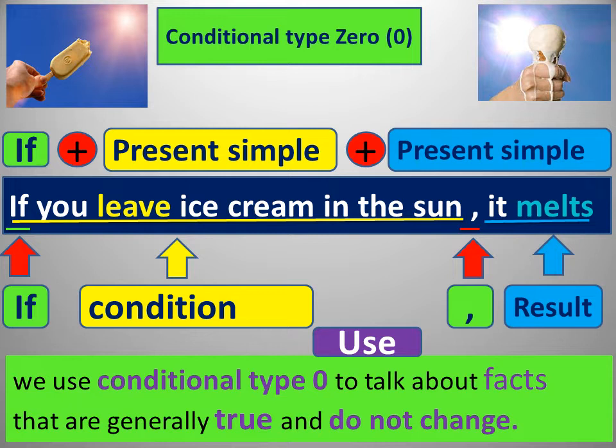It means it is a condition and a result that is always true. It is true in the past, true now in the present, and it will be true also in the future.